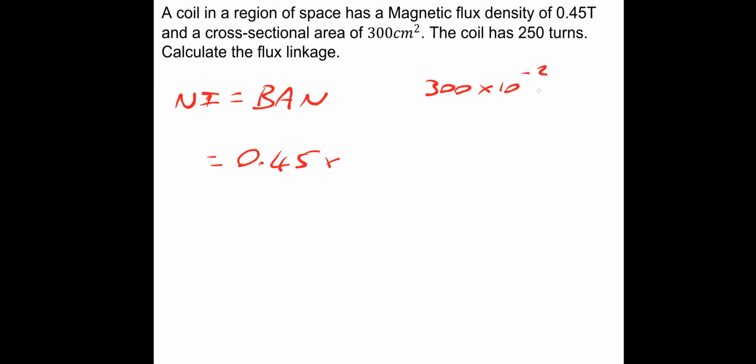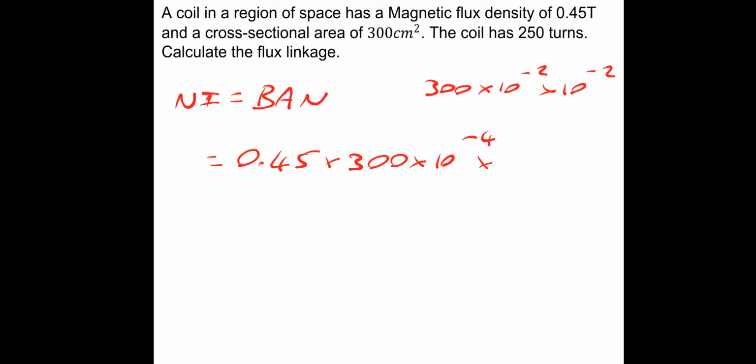So we're going to use the flux linkage equals BAN. So we've got some numbers. So B is 0.45 multiplied by the area. So it's 300 centimeters squared, so that'll be 300 times 10 to the minus 2, and then square it, so do that again. So that'll be 300 times 10 to the minus 4.